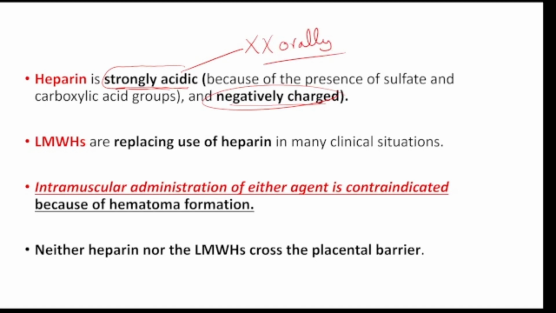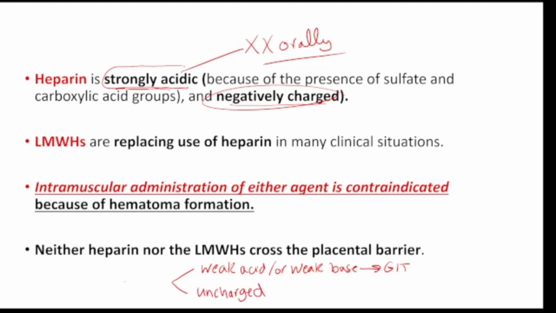For any medication to be absorbed from the GI system, two things are needed. Number one, it needs to be a weak acid or weak base. Number two, the medication needs to be uncharged in order to be absorbed.